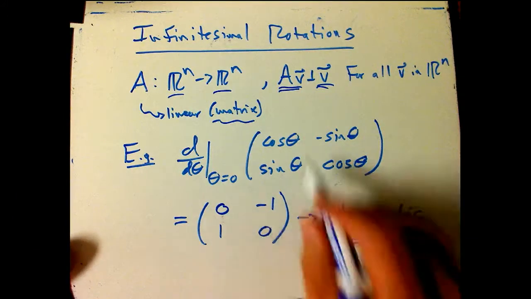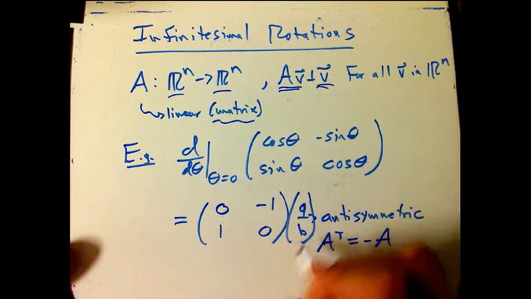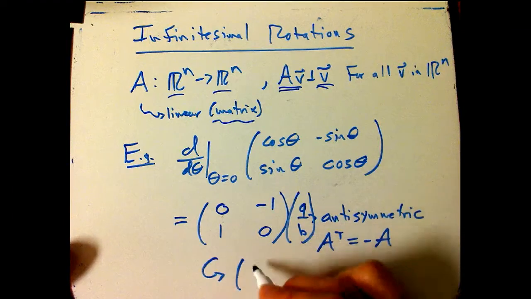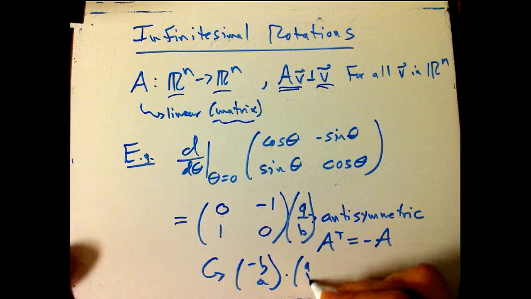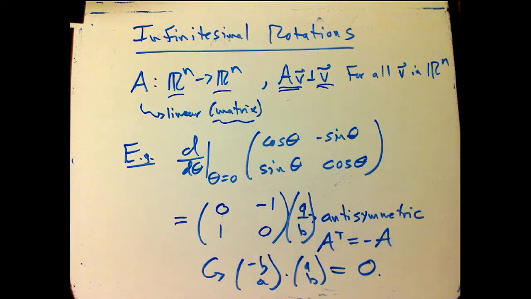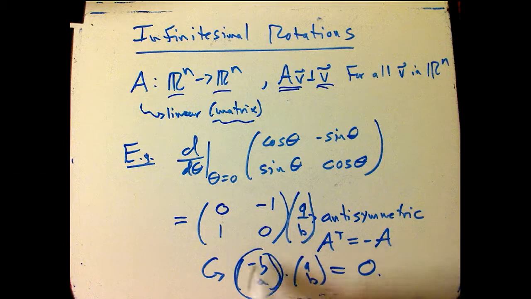If you want to show directly that this is true, just feed in any (a, b), and what do you get? You get (minus b, a). And certainly the dot product of those guys is just minus ab plus ab, which is 0. Okay, and this is just the standard way of taking a vector and rotating it 90 degrees. Flip the entries and put a minus sign in. Talked about that already, at least once in this sequence.